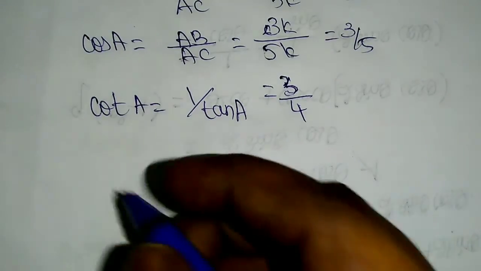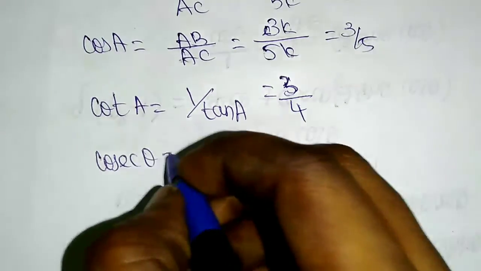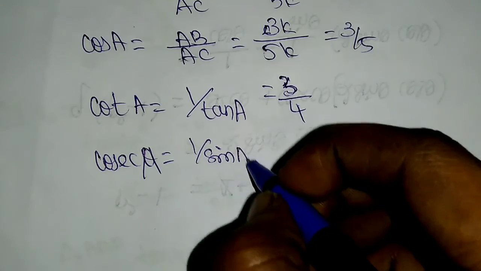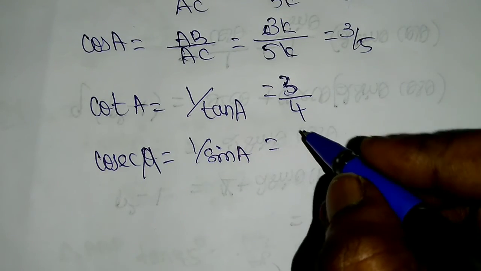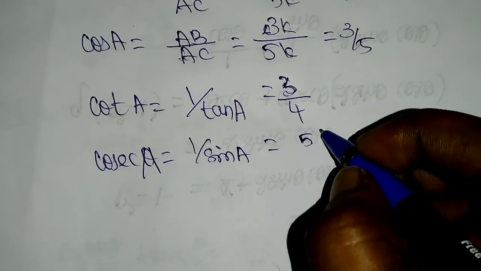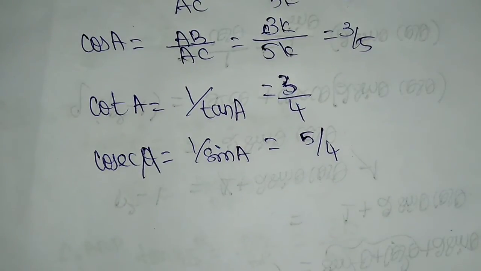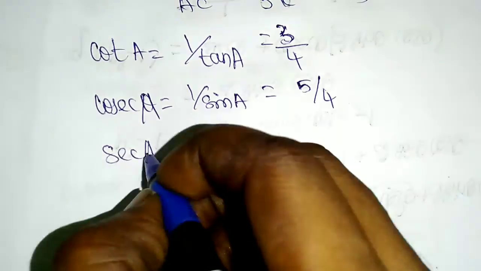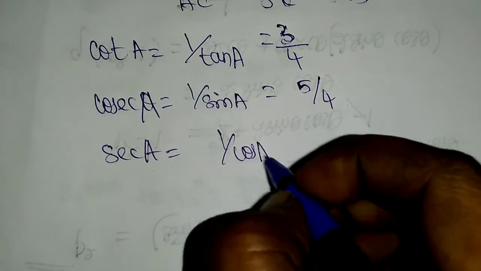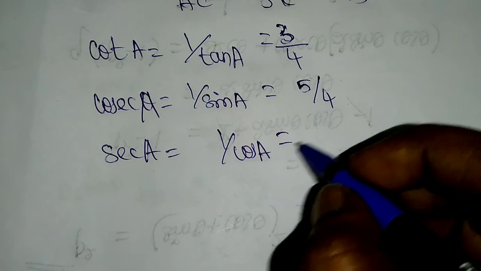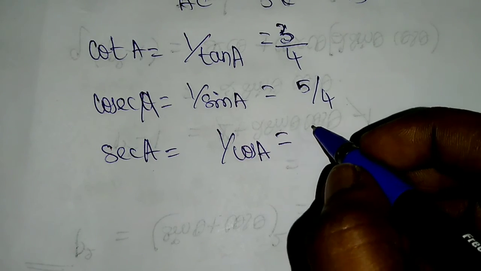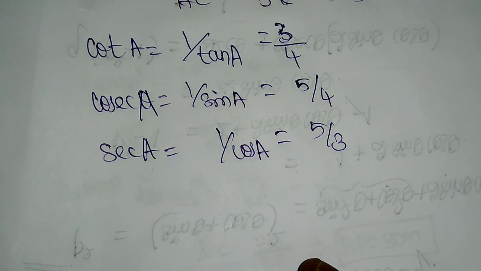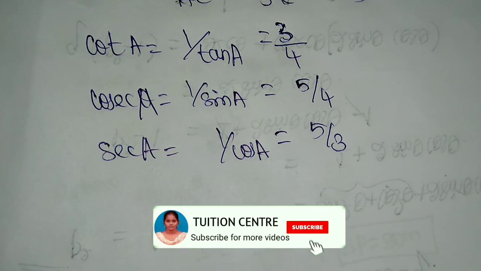Now cosecant A is 1 by sin A. Sin A value is 4 by 5, so cosecant A is equal to 5 by 4. Now secant A is 1 by cos A. Cos A value is 3 by 5, so secant A value is 5 by 3. So these are the trigonometric ratios of the given angle A.